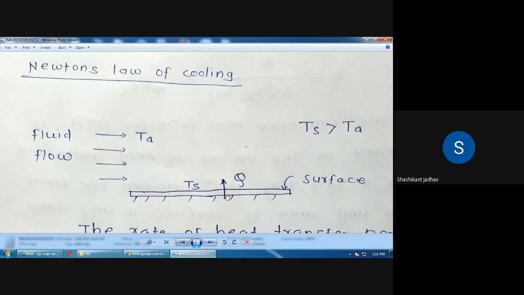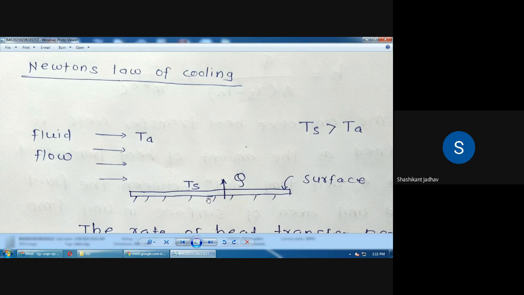Because of this hot plate, heat transfer takes place from the higher temperature region to the lower temperature region. Whatever fluid flows over that surface, the heat transfer takes place from the surface to the fluid, because we are considering Ts greater than Ta. In this way, heat transfer takes place because of the motion of molecules.